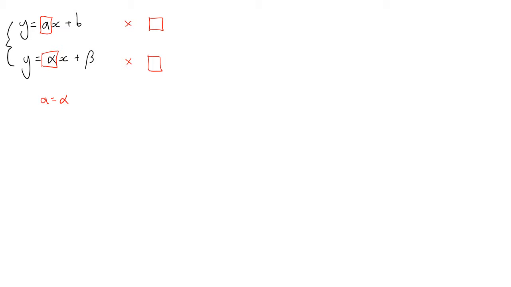So let's do it. Let's say we had y equals 2x plus 2 and y equals 3x plus 1. Now you can see how the coefficients of x are different for the two equations.